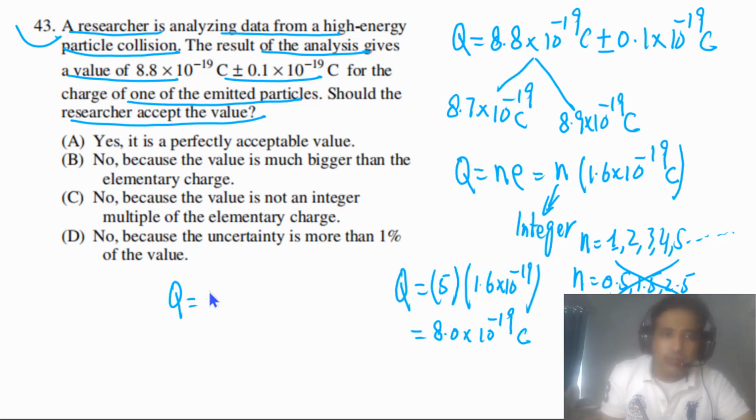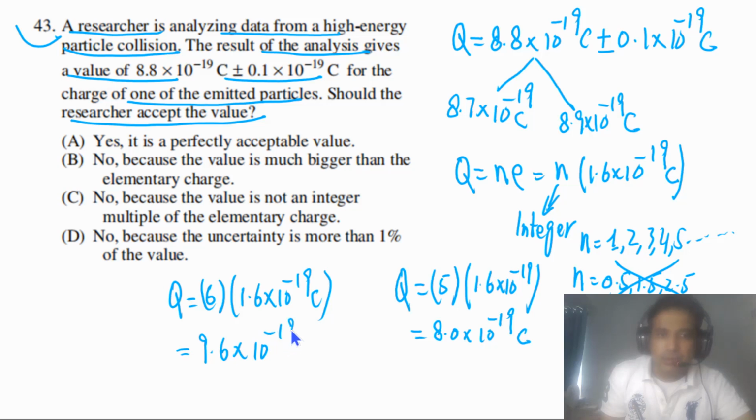Or n can be 6, with 1.6 times 10 to minus 19 coulombs, and in this case the possible charge can be 9.6 times 10 to minus 19 coulombs. As this is not 8.0 and also not 9.6, it is between these values. So it means this charge is not possible.